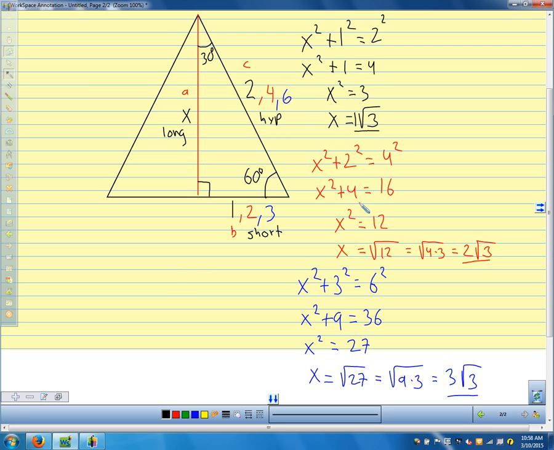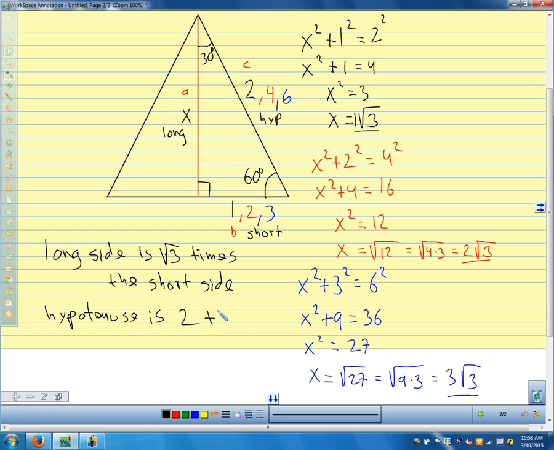And what we saw here is that the long side is square root of 3 times the short side. And the hypotenuse is 2 times the short side.